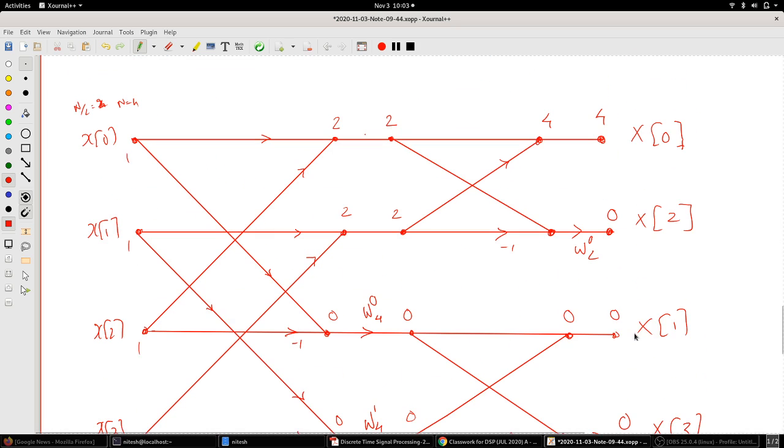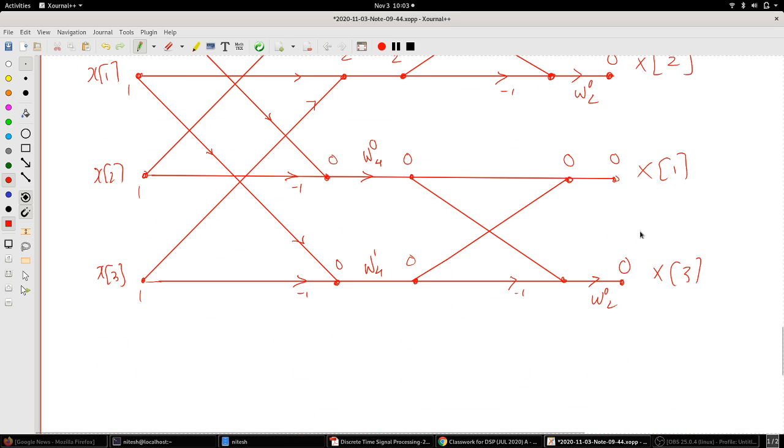Okay, so this will be your output. So X of 0, this comes in out of order, and this goes in order.